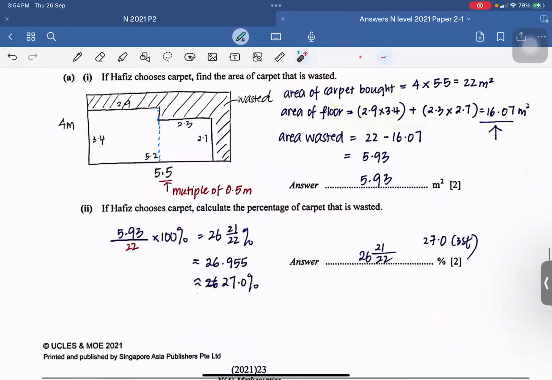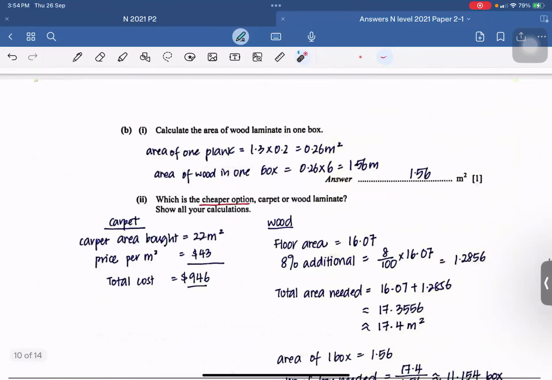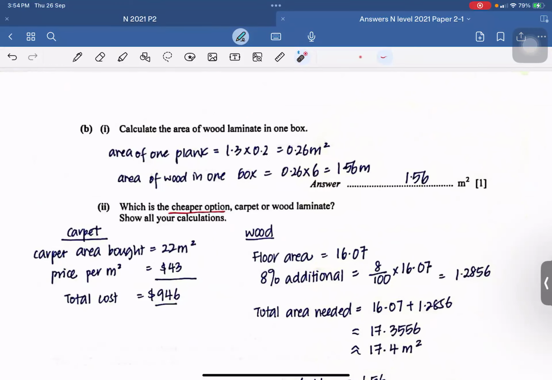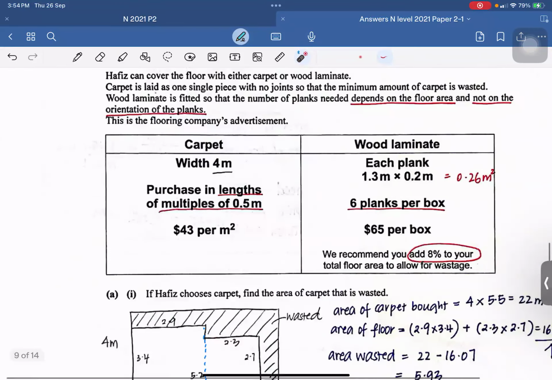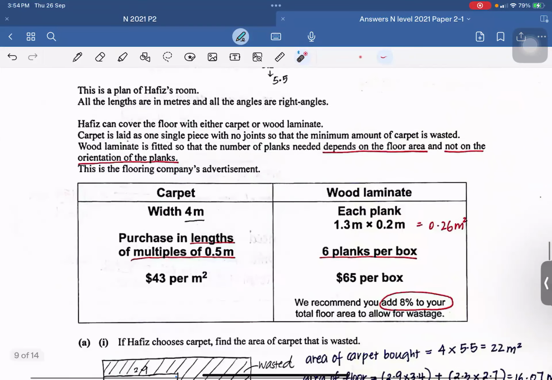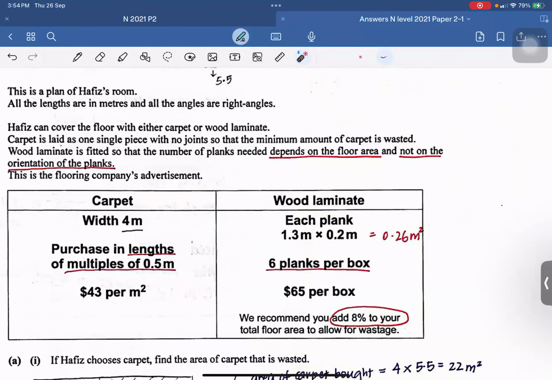Next part of the question, they want to calculate the area of wood laminate in one box. Let's take a look at the wood. Each plank will be a rectangle, with length 0.2 meters by 1.3, so this will be the area of one wooden plank.